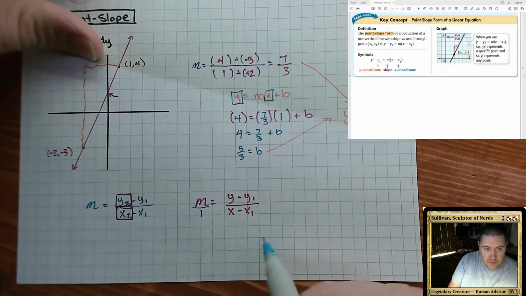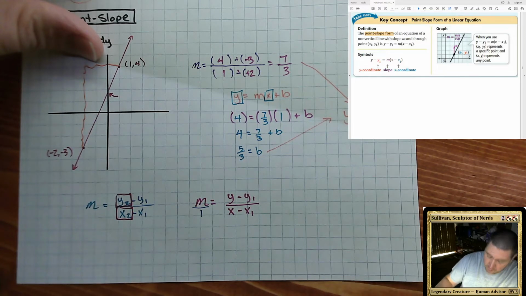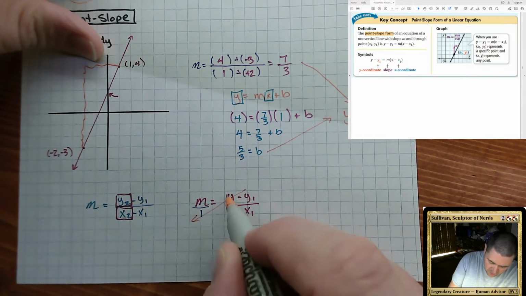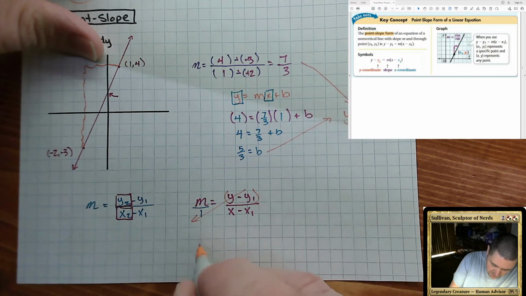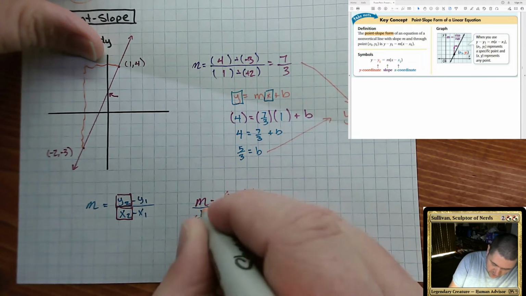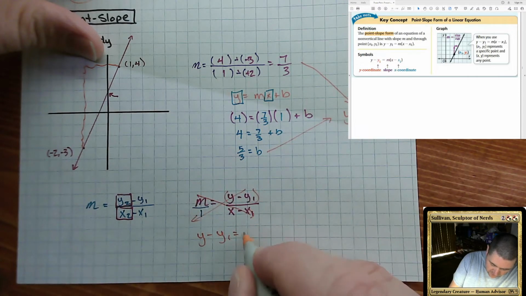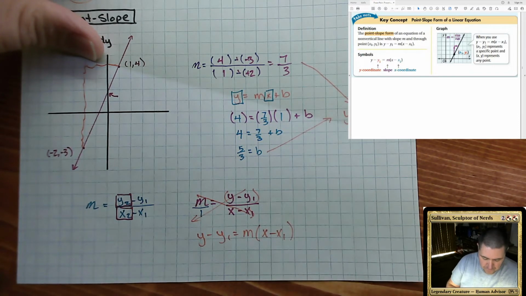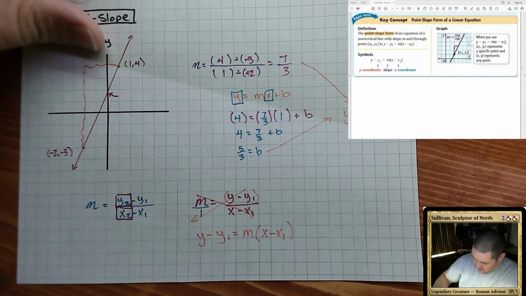And when I cross multiply, y'all remember cross multiplying, the whole Jesus fish thing? If I take this stuff times 1, I just get y minus y1. If I take m times this stuff, I'll get m times x minus x sub 1. This is called point slope form.